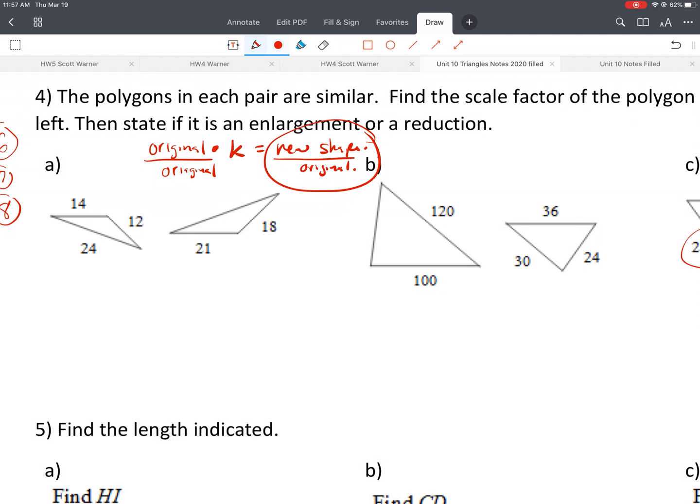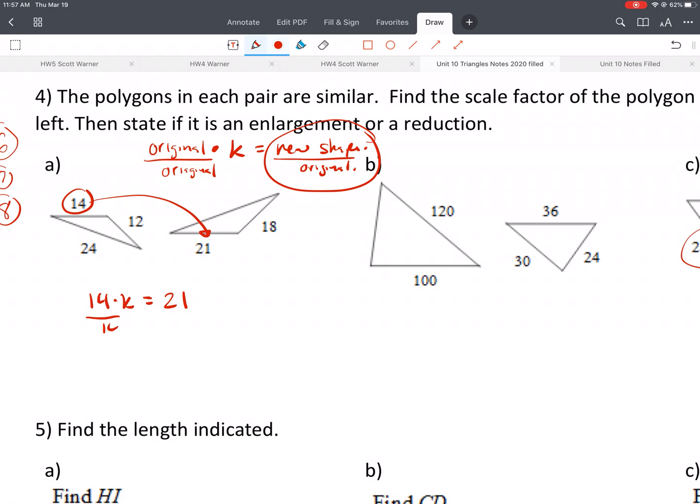So for example, if you wanted to find the scale factor, what do we need to multiply 14 by? We could call it K. What do we need to multiply 14 by to give us 21?